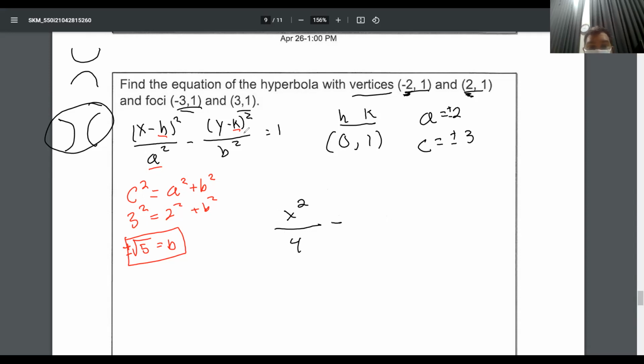Minus (y minus k) squared, k was 1, so (y minus 1) squared over b squared, which is just 5. Equals 1.